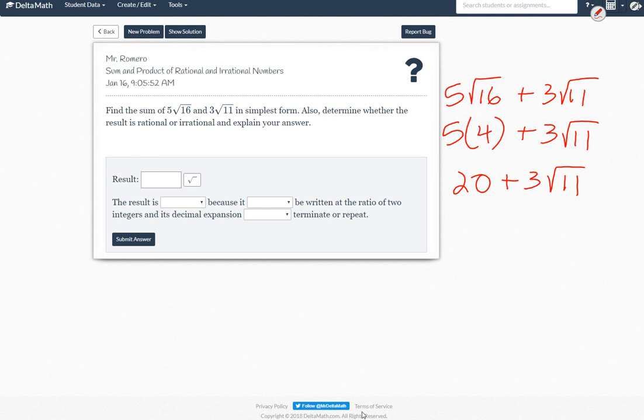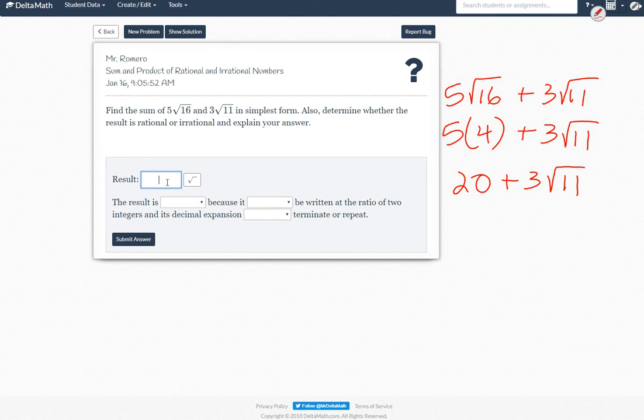Please do not write 23 square root of 11. Why can't I add those? Because they're not, well, they're not like. One of them has a radical, the other one does not. Or you could even now, using these words, say that one term is rational and one is irrational. Rational numbers cannot be added with irrational numbers.